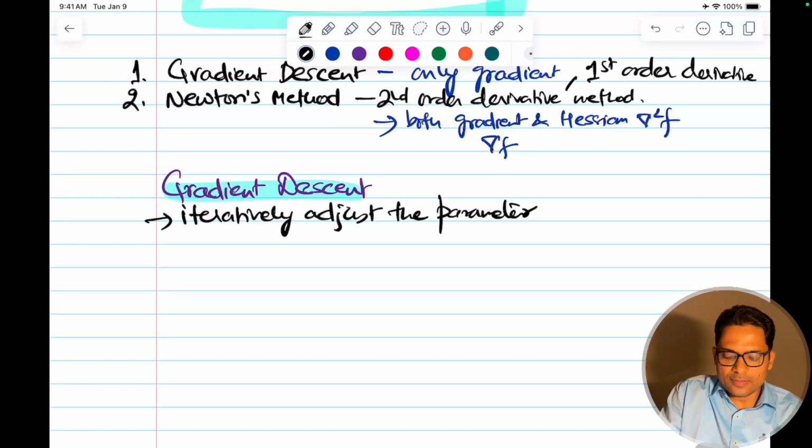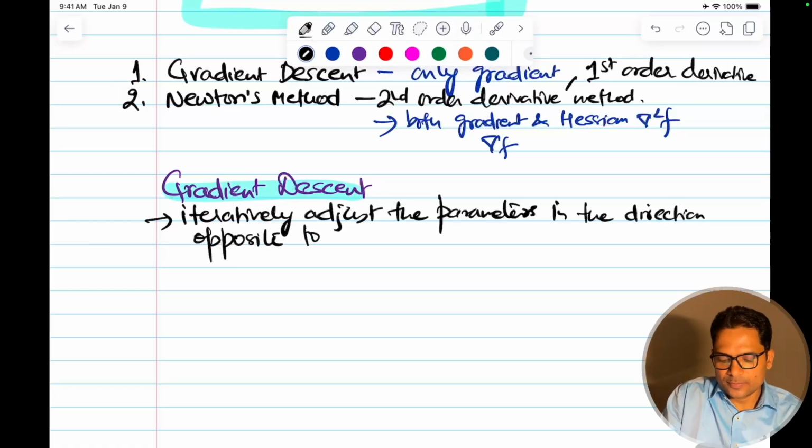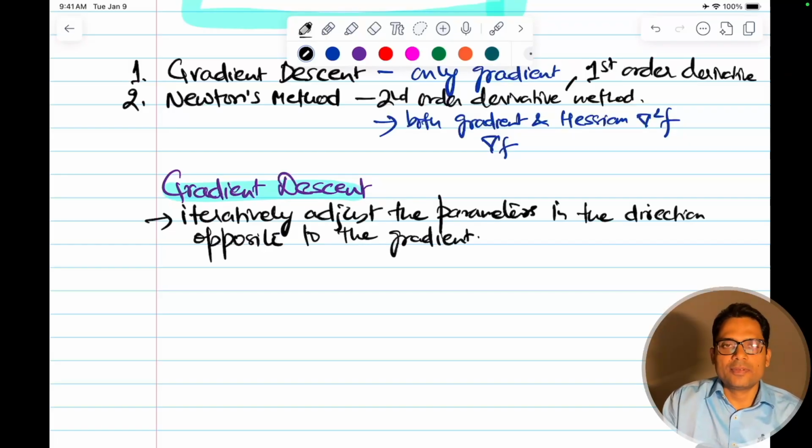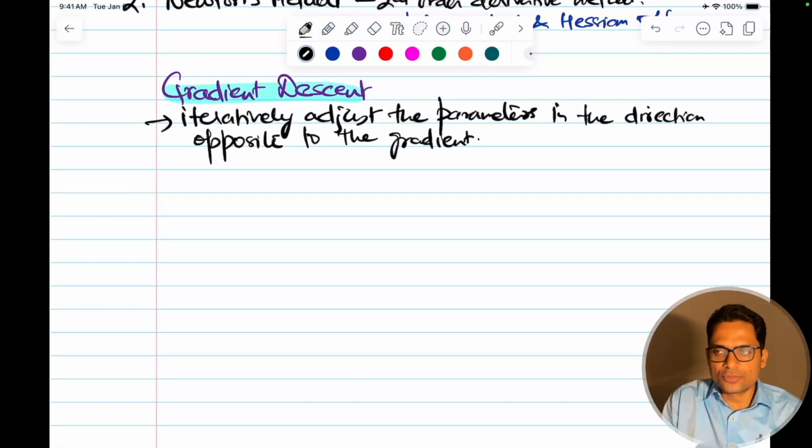We initialize randomly, and it will iteratively adjust the parameters of the model in the direction opposite to the gradient. Only then it will reach the minima, right? Whichever is the direction of the gradient, it will go opposite to that.